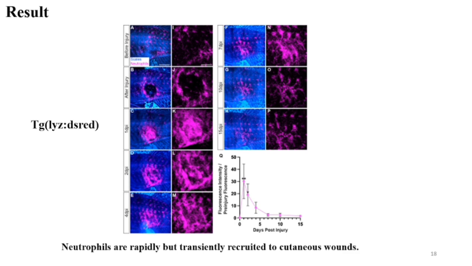And this initial burst of neutrophil recruitment was followed by a more gradual decline in neutrophil localization to the wound site, with neutrophil levels close to baseline by 15 days post-injury. All of this suggests that zebrafish have an acute neutrophil response to the cutaneous abrasion wound that dissipates quickly.